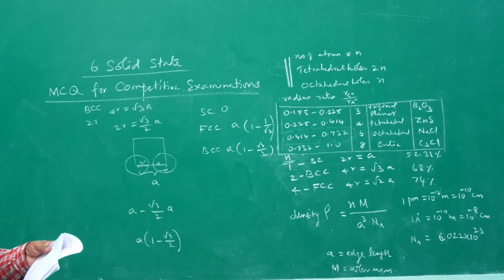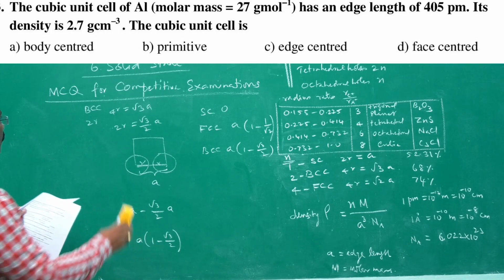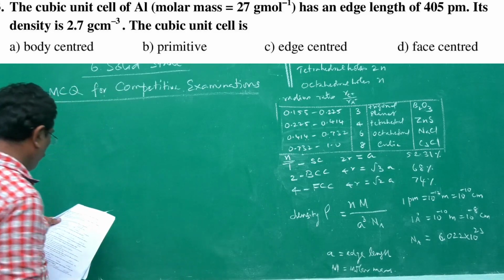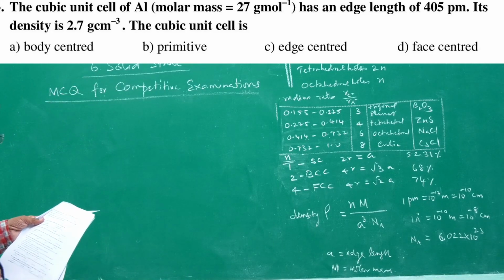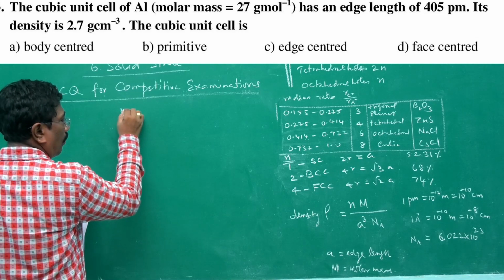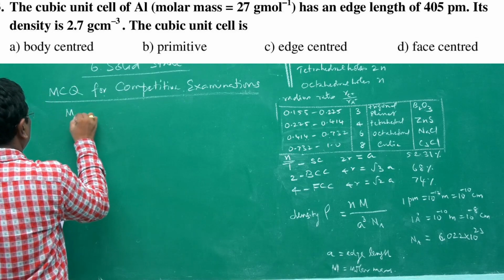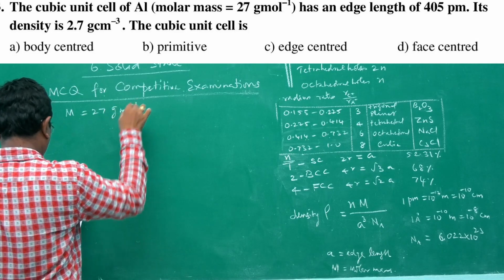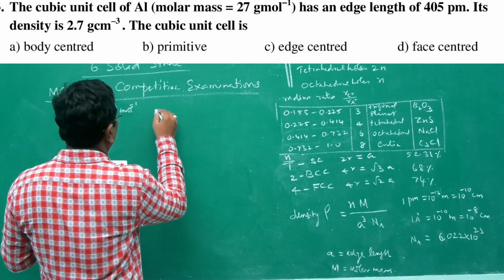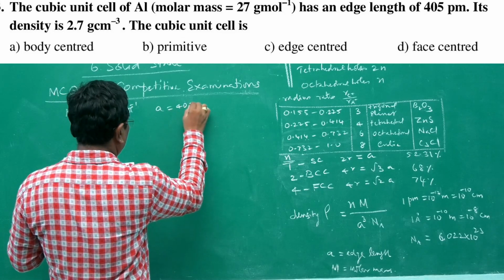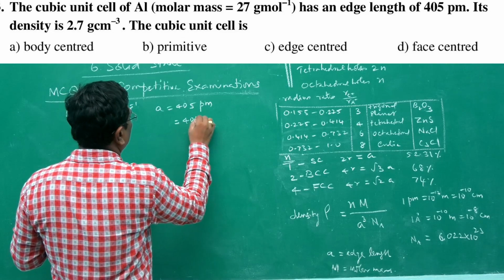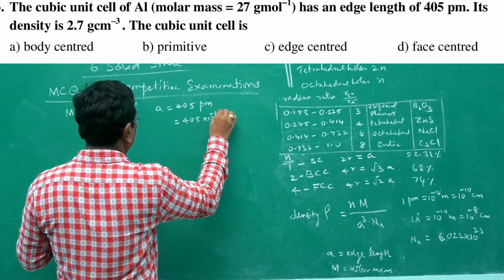The next question. The cubic unit cell of aluminium, molar mass 27 gram per mole. Edge length a is given as 405 picometer, which is equal to 405 into 10 power minus 12 meter.